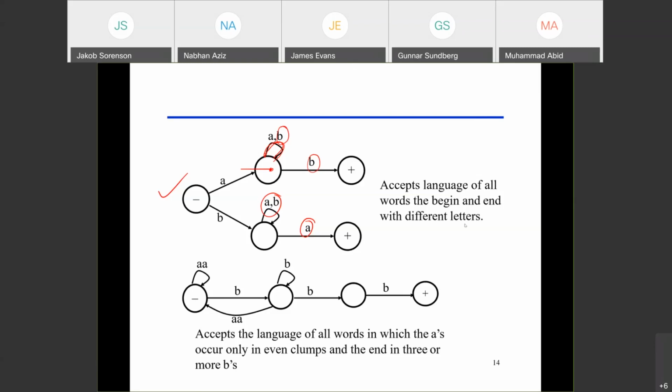Disconnect. So is this good now? Yes. Okay, so now we know how to fix it.